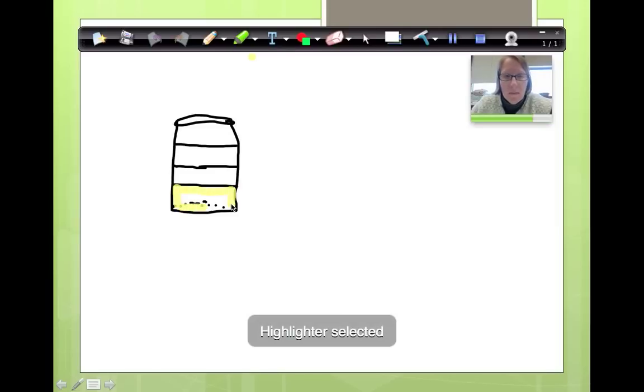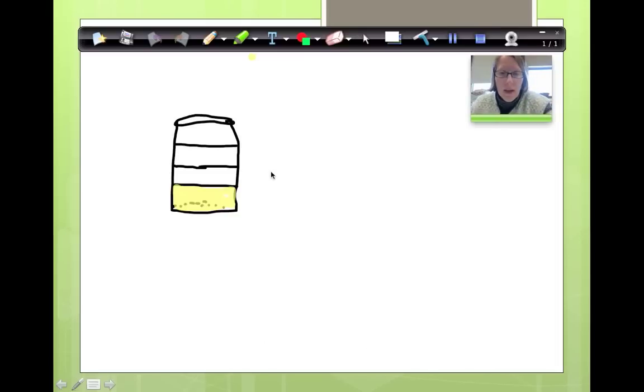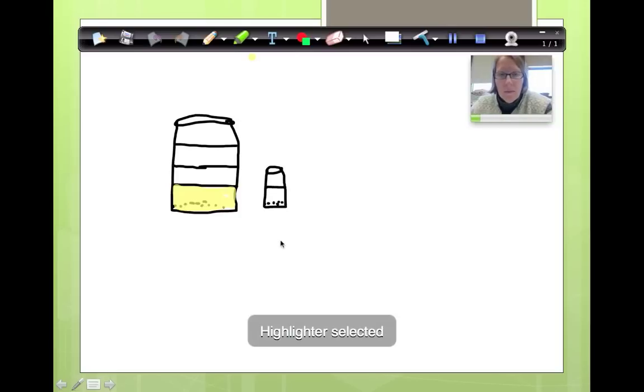Now, my baby brother drank 1/2 of his, but this was his glass. He's just a baby, so he just has a little glass. So he drank half of his glass. Now, due to the size of our glasses, I drank 1/4 and he drank 1/2.